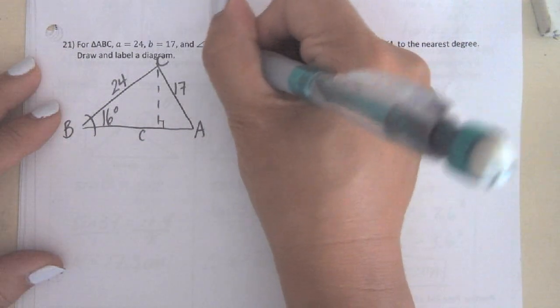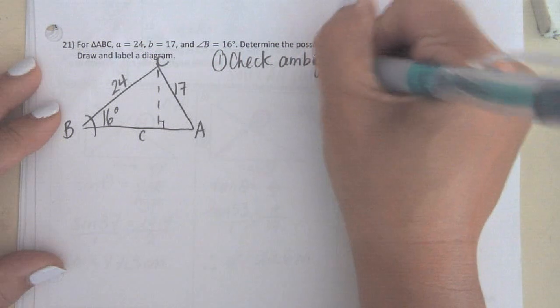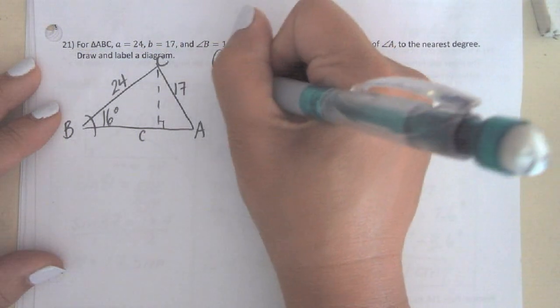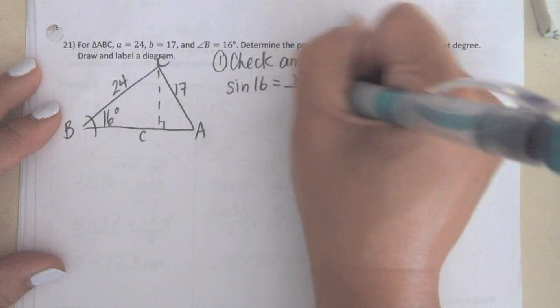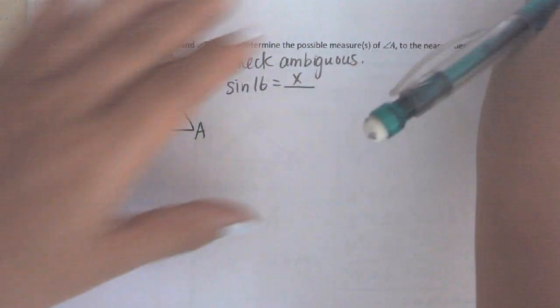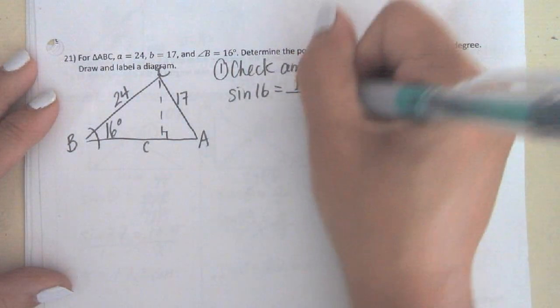The first thing you're going to do is check if this is ambiguous. So we're going to write sine 16 equals x over, or you can call it h for height, over 24.